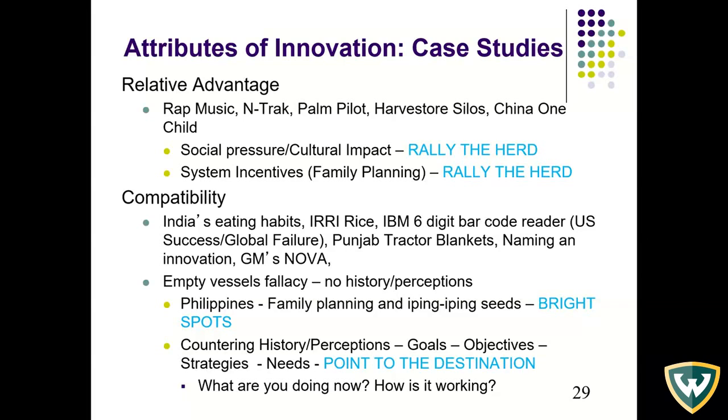That's really the best way to get people to understand the relative advantage of your innovation. And then as you're going through needs, it's to help them understand, from a compatibility perspective, what are you doing now? How is it working? If you're there as a change agent of some sort, clearly there's a problem with what's working now. So you open up the discussion to help them understand how they can do things differently.